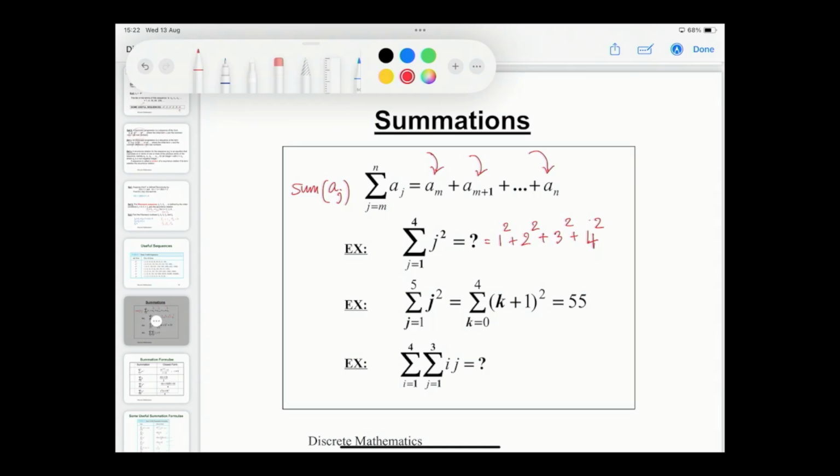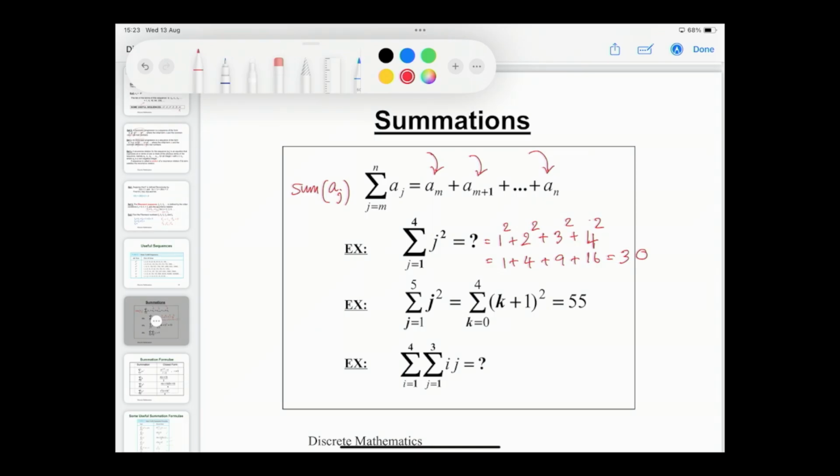Summation. So there are 4 terms: when j is 1, j is 2, j is 3, and j is 4. And just work out the numbers. Is that 30?